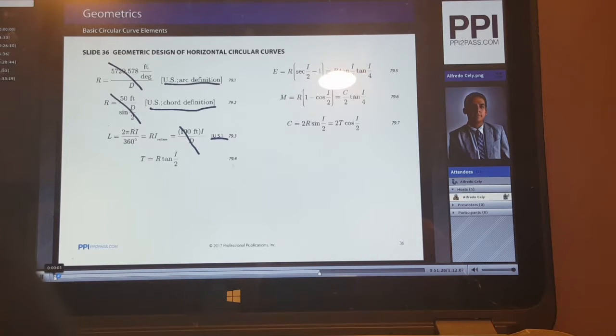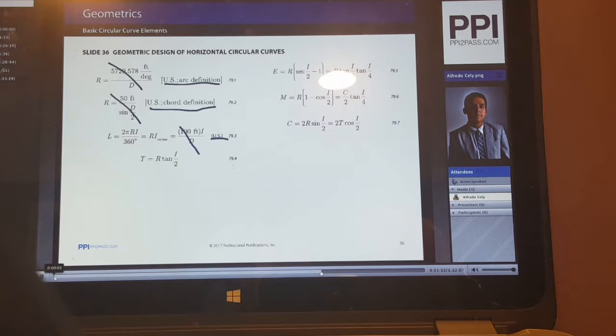However, I don't think that'll be necessary in the breadth portion of the exam, because that really is a big roundabout way. But as I said, NCEES has carte blanche when it comes to horizontal circular curves, so they may test you on something like that. But I think that will be very rare, but it's something that you should be aware of.